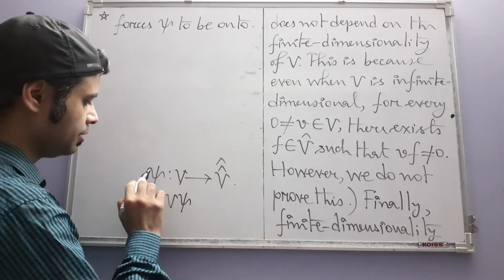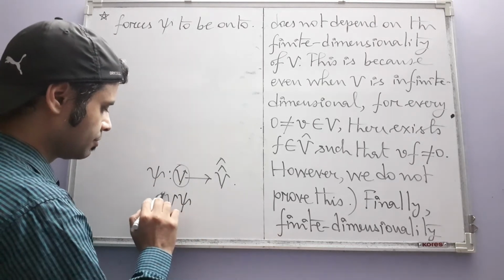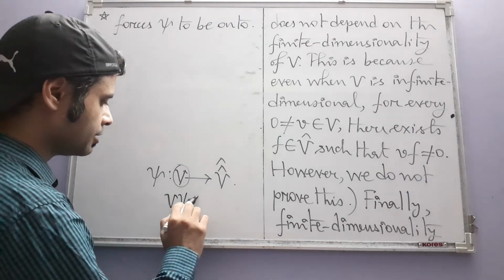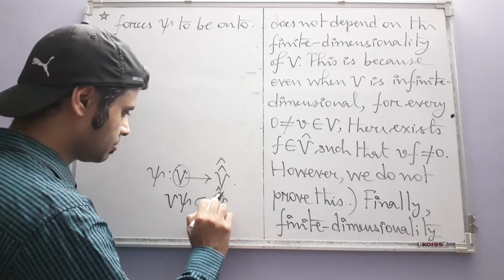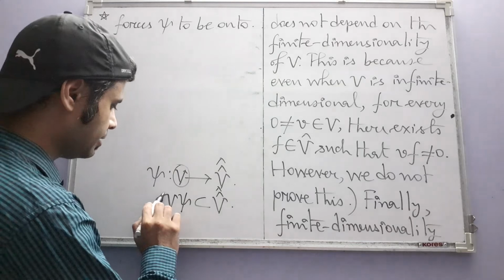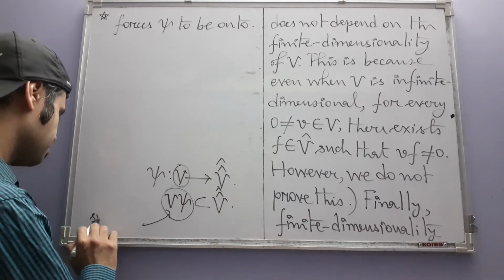It's just the image of V under the function psi, which we denote by phi psi. We already know that this is a subset of this second set, but the fact is that it's not just simply a subset, but this is a subspace.